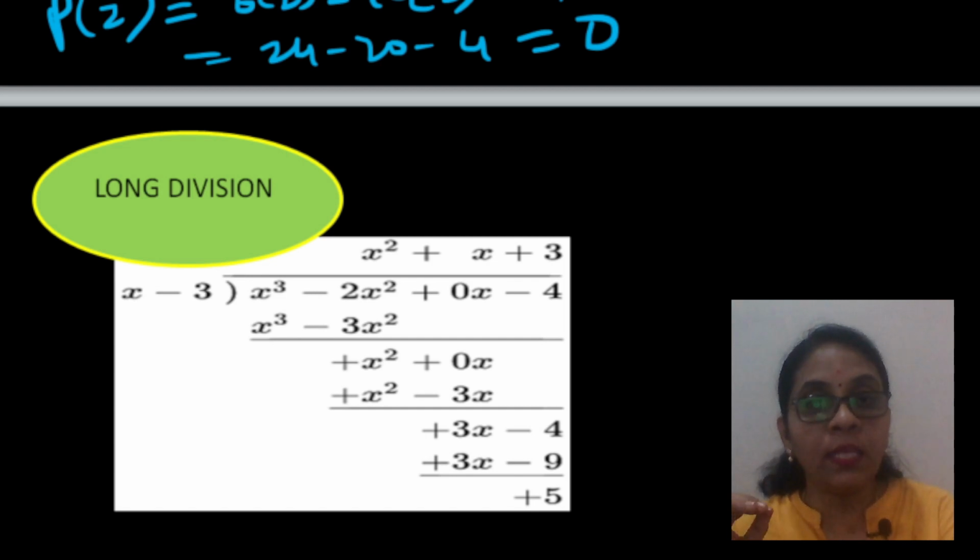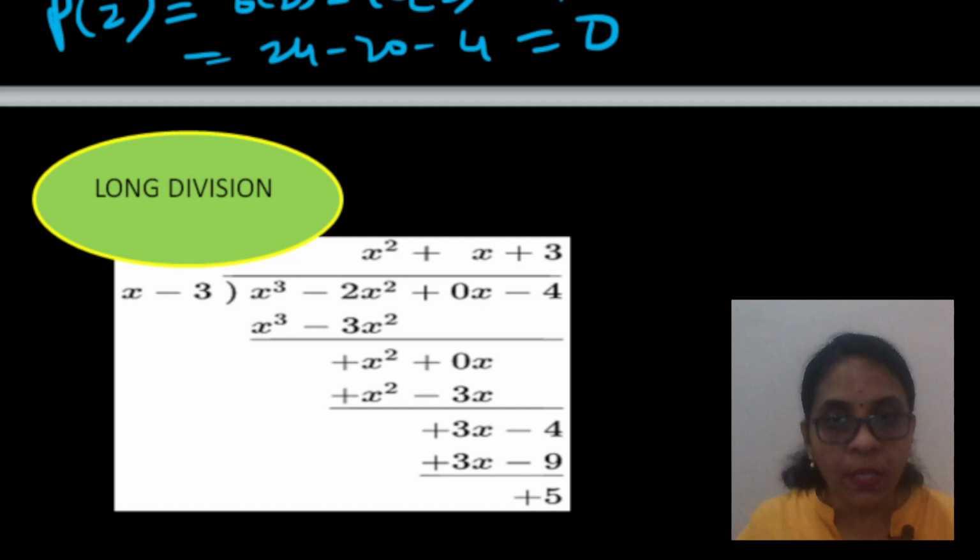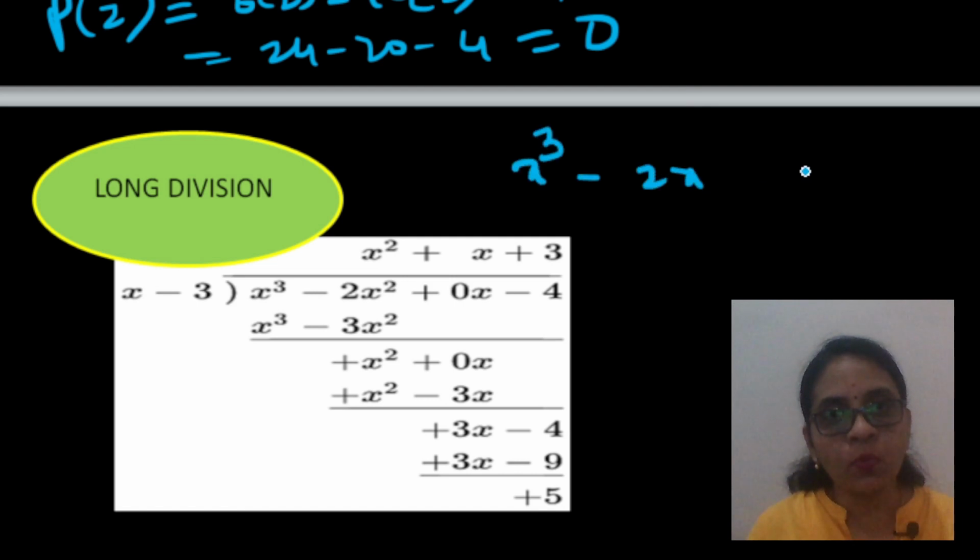Now here, what is the dividend, what is the divisor, what is the quotient we have to find. The dividend is x cube minus 2x square plus 0x minus 4. Why is this written as 0x? Because the given polynomial was given as x cube minus 2x square minus 4.